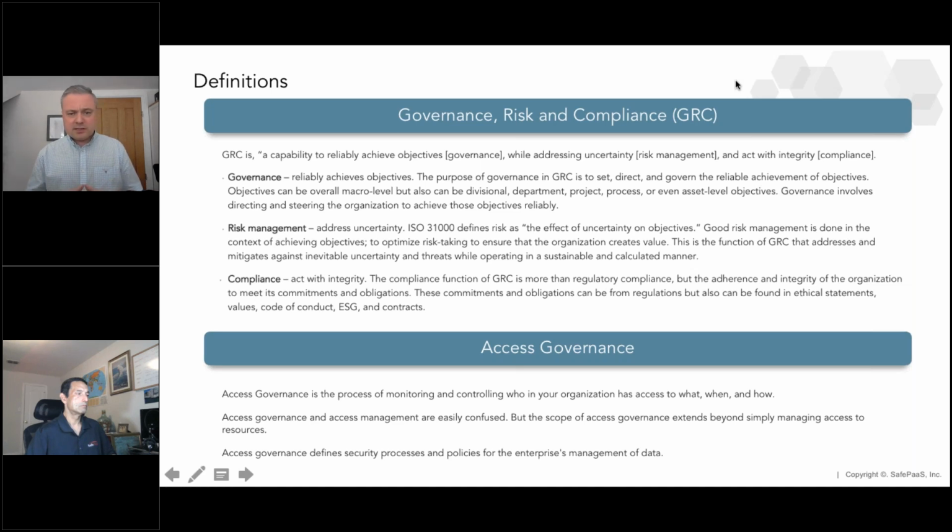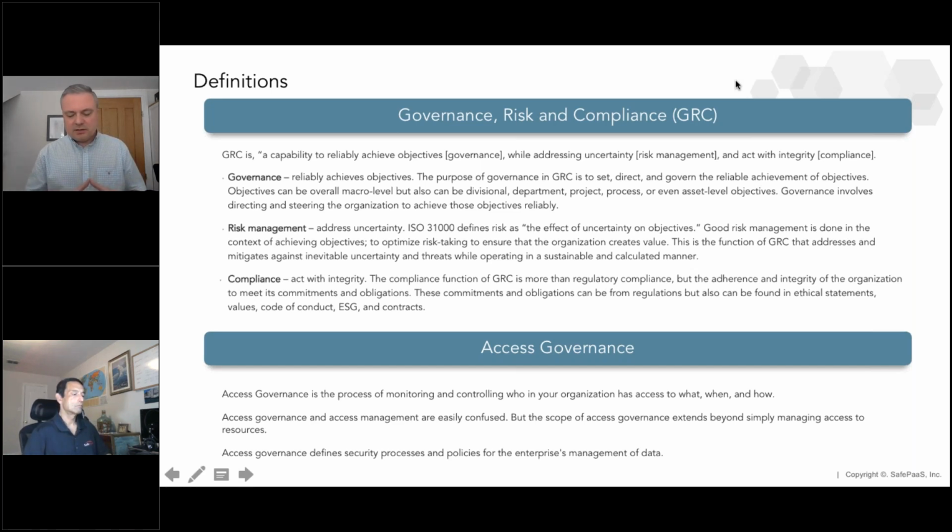And then compliance, the C of GRC, is acting with integrity. That's about adhering to regulations, but also anything internal, such as policies, any commitments or obligations, which could be contractual. All of those things come together to help an organization act with integrity.